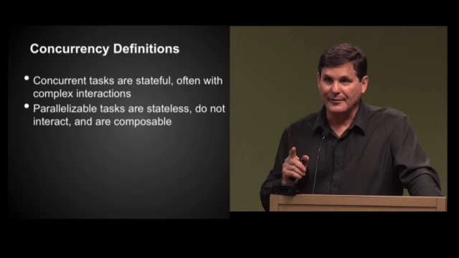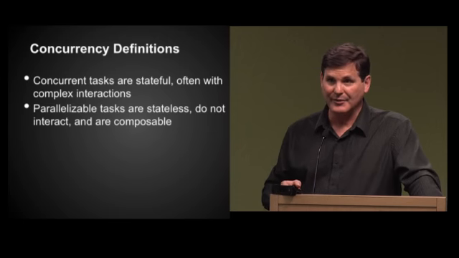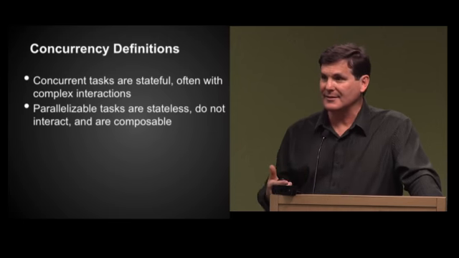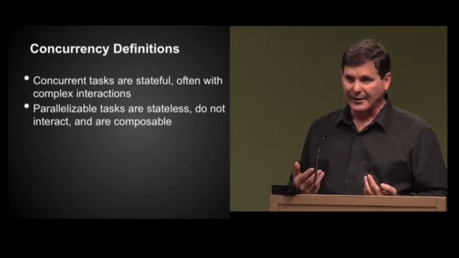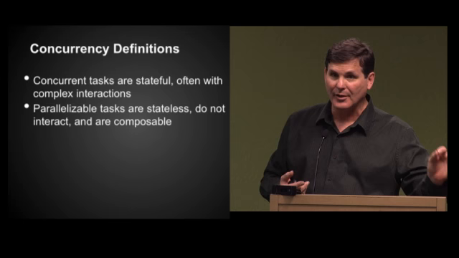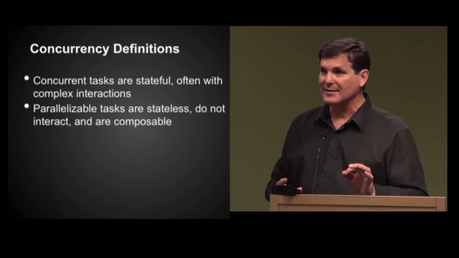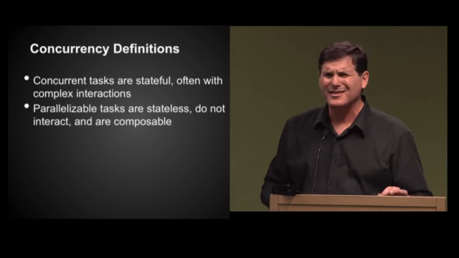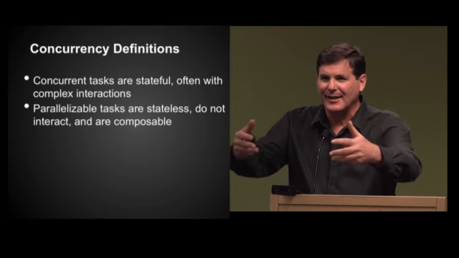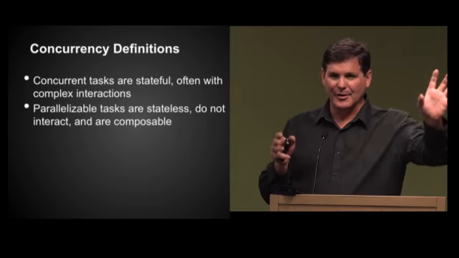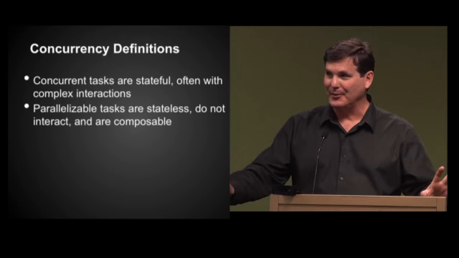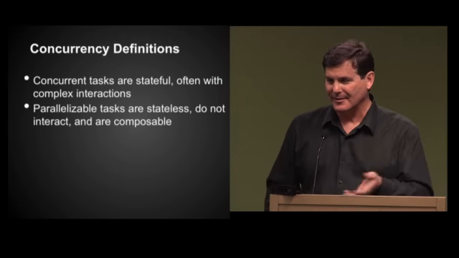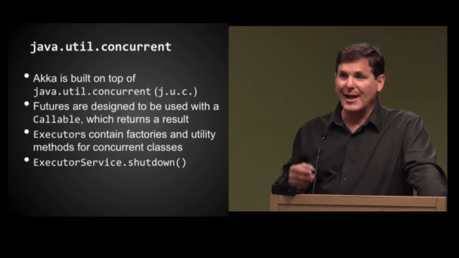Now, another definition: parallelizable tasks are tasks that are stateless, that do not interact, and they are also composable as a result. So concurrent tasks are not composable. What's composable? I'll get to that. Just remember that concurrency equals not composable, parallelizable equals composable. And yet composable is useful sometimes.